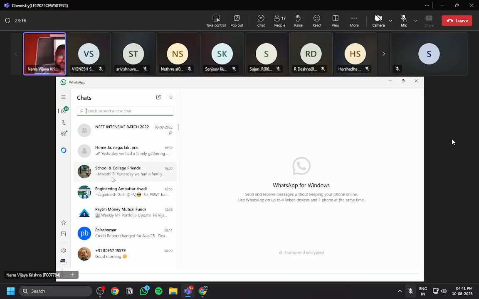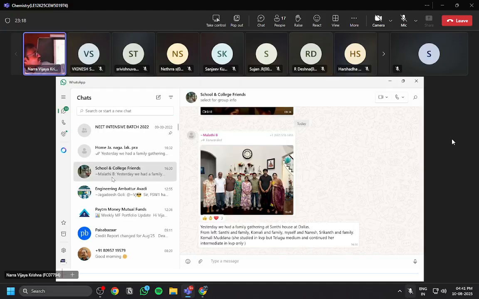this is my group of school and college mates. I studied LKG, UKG, first class in the same year with them. From there till my MSc second year, we were classmates, one gang, right?